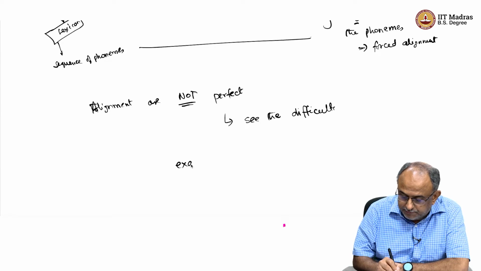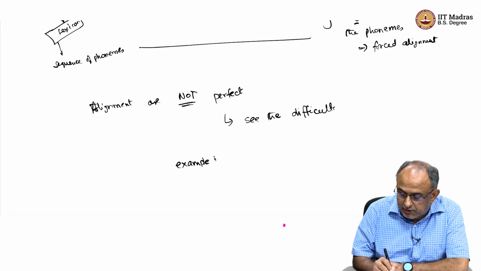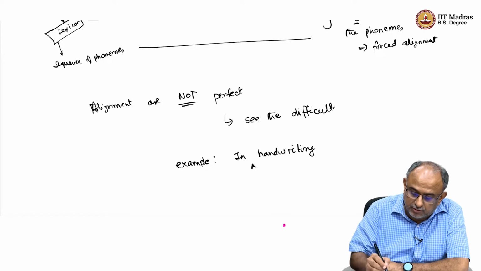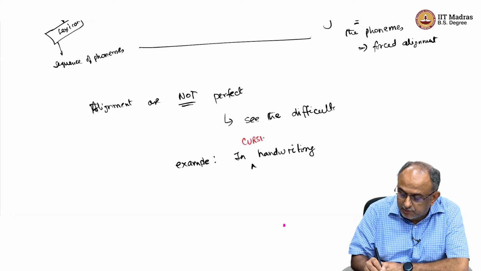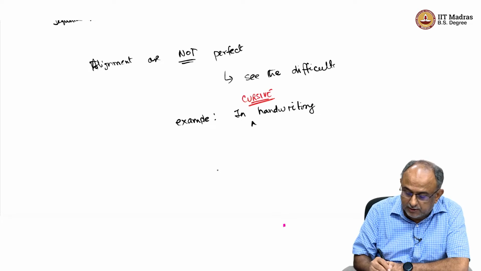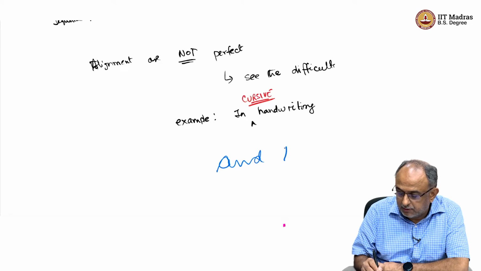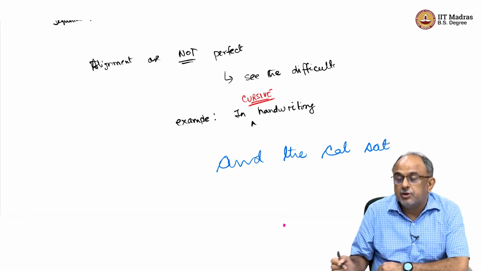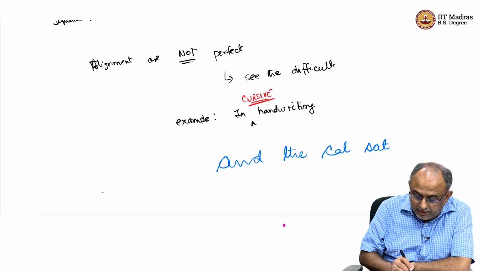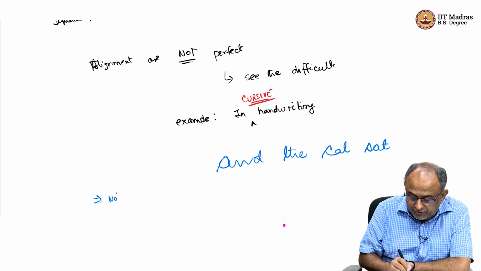And you can also see the difficulty. For example, in cursive handwriting, that is very important. So, if I write something like this, now if I ask you where does one letter end, it is not easy to identify.